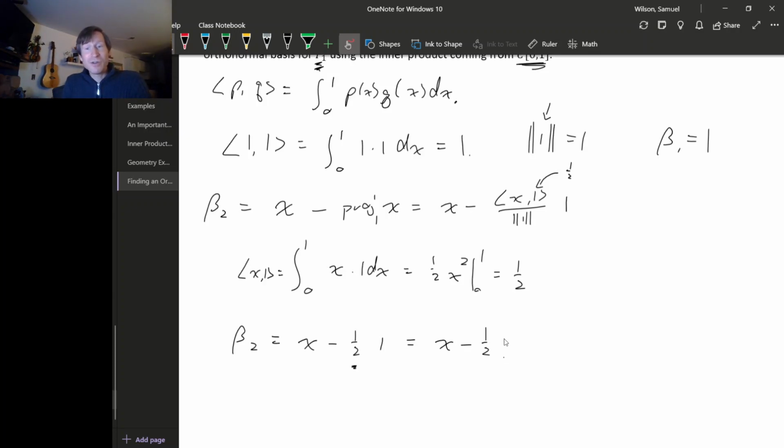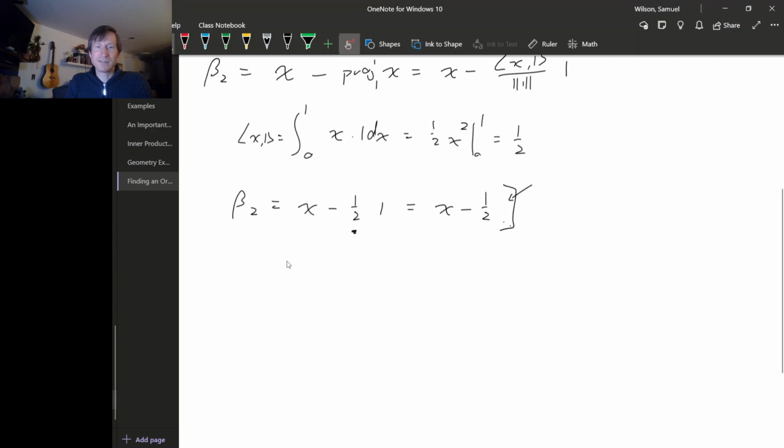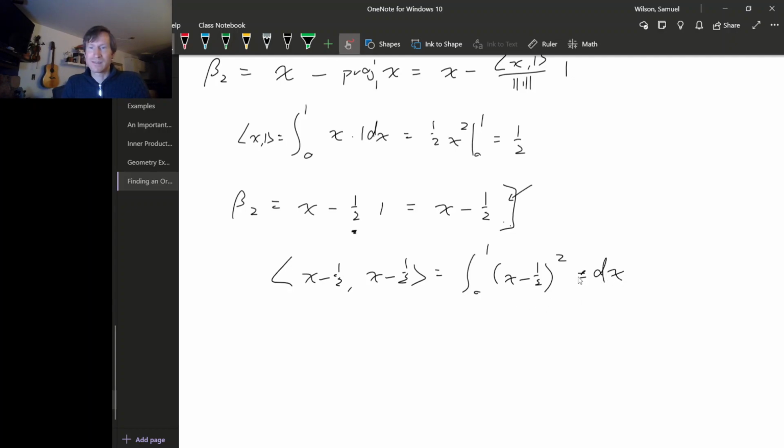Remember, when you do this calculation in Gram-Schmidt, the result might not be a unit vector. It definitely is orthogonal to the previous vectors in your basis. I won't check that, but it is. These two are orthogonal. But this vector might not be unit length, so we need to calculate its norm. The inner product of x minus a half with itself is the integral from 0 to 1 of x minus a half squared dx.